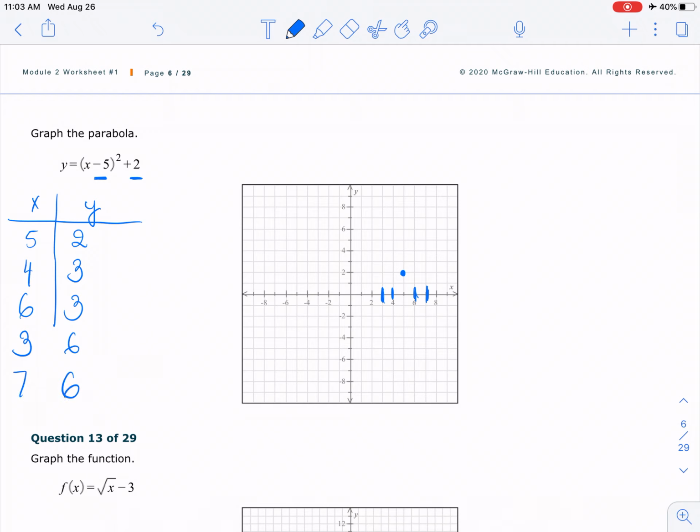All right, so we are ready to plot. And then we have our parabola.